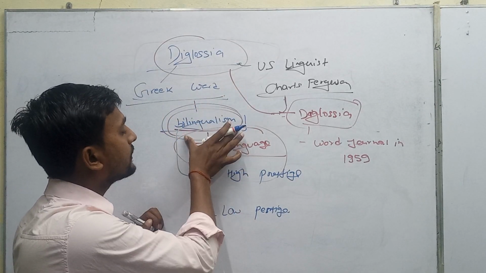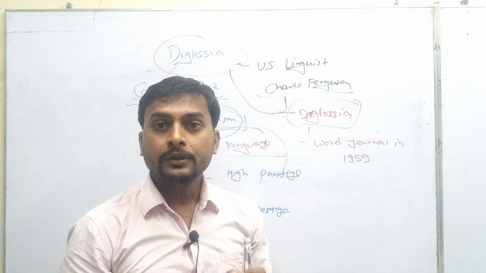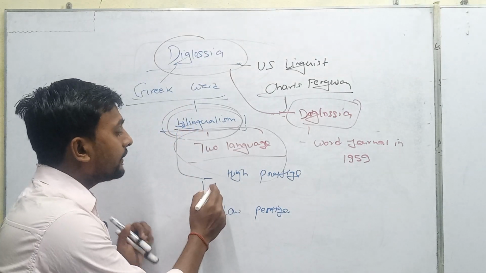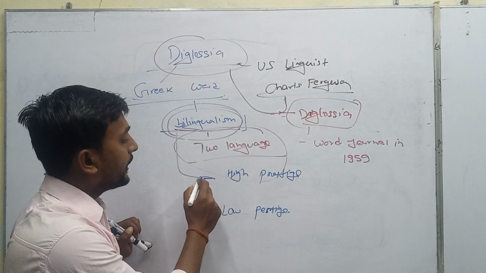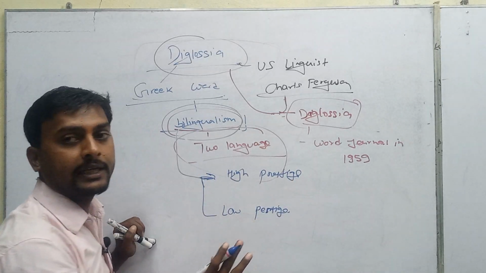According to Charles Ferguson, diglossia is seen as a kind of bilingualism in a society. He uses diglossia in terms of high prestige and low prestige.